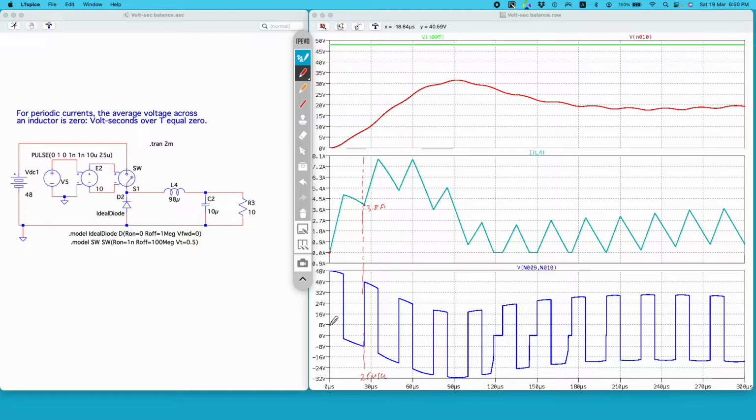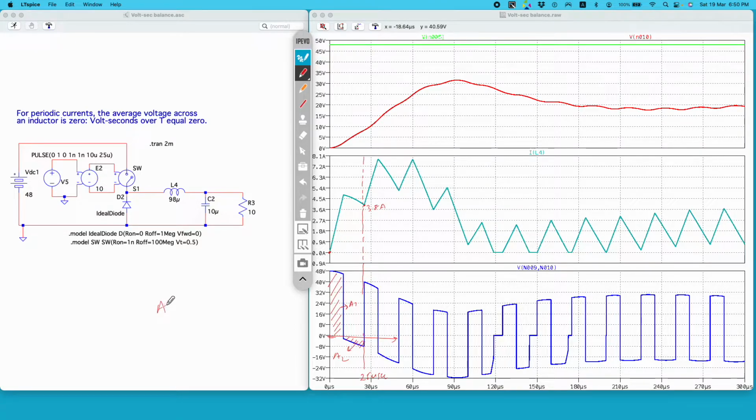So this is certainly not the behavior of a periodic waveform. And let's see whether the average voltage across the inductor due to this current is 0 or not. The average of this voltage pattern can be calculated by calculating the area under the curve. Let's call this shaded region area A1, and we also have this area A2 below the 0 volt line.